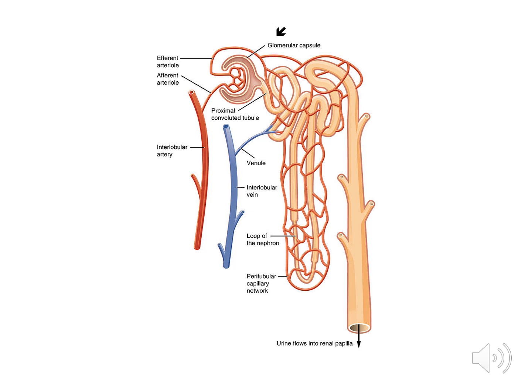This is where fluid and substances from the blood get pushed out of the blood, and you see how the glomerulus is surrounded by a little capsule. We call that Bowman's capsule, and the fluid that gets pushed out of the glomerulus ends up in Bowman's space inside Bowman's capsule. From there it's going to start on its journey through the tubular component of the nephron on its way to becoming urine.